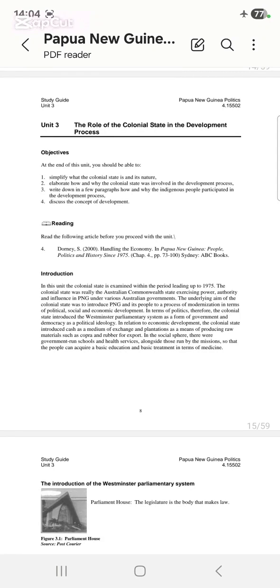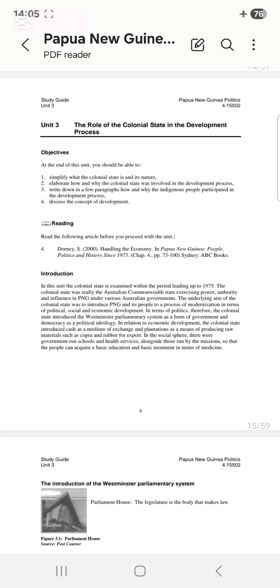So Unit 3 is titled The Role of the Colonial State in Development Process. Now, in the name itself, the unit talks about the colonial administration and its role in influencing development in the territories back then, territories of Papua New Guinea before 1973 and eventually 1975.